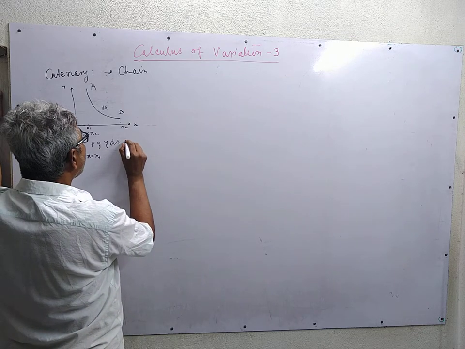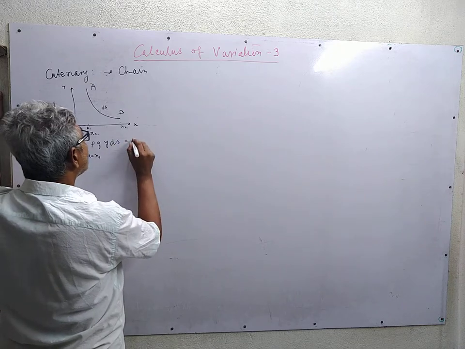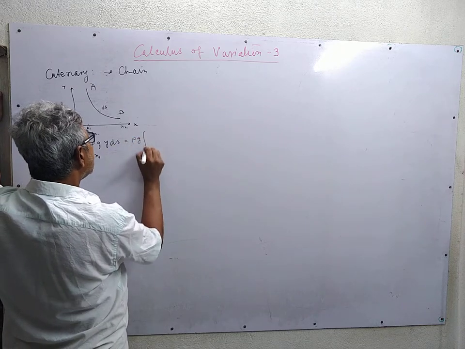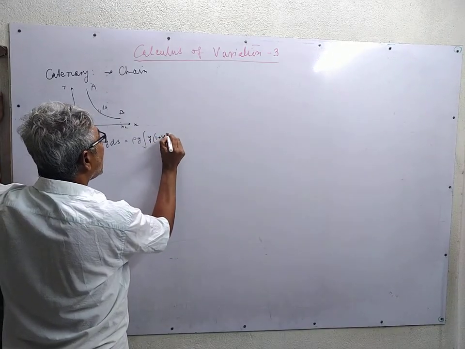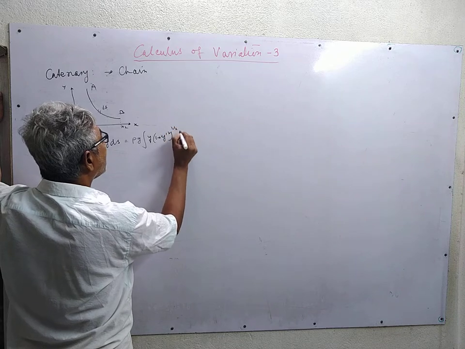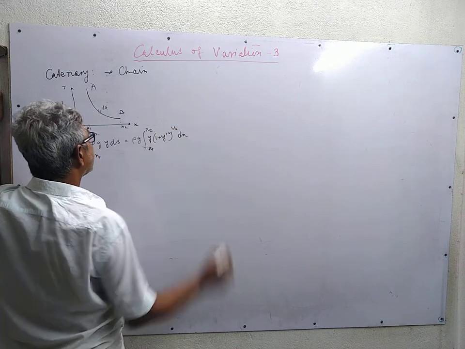We know the form of ds and g. If we consider rho and g to be constant, then this becomes V equals rho g times the integral of y times square root of 1 plus y prime square dx from x1 to x2.